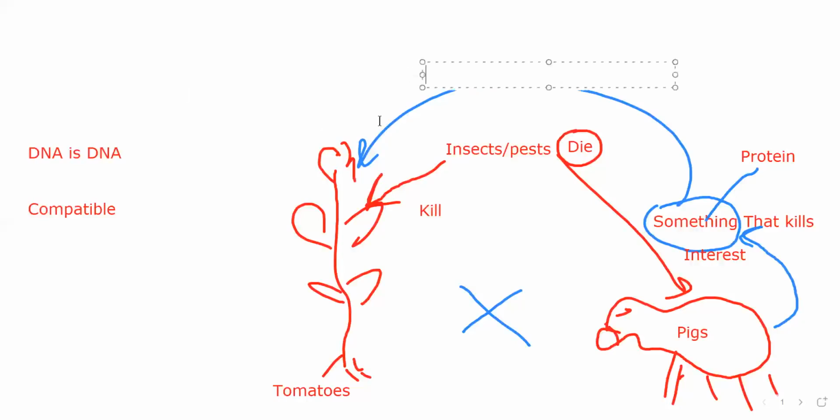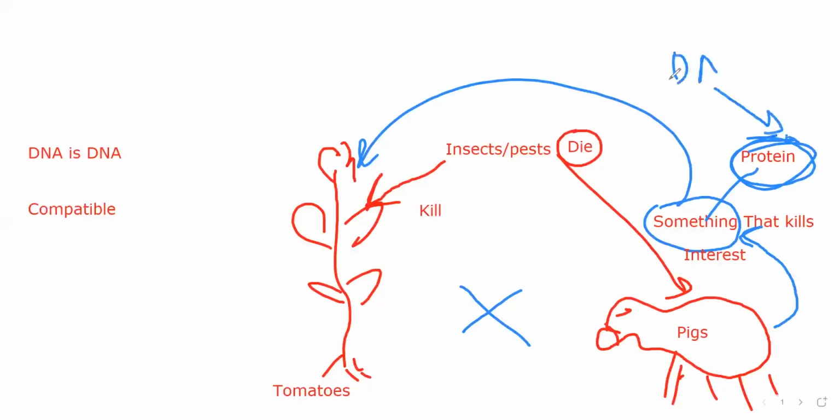Therefore, with my knowledge of little genetics and genetic code, whatever this something is, I might not know it, but I'm sure that it is a protein. Secondly, if it is a protein, it means the information for making it comes from DNA. Yes, it comes from a specific section of DNA that we call the gene.